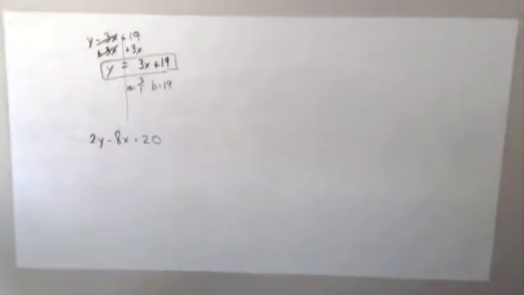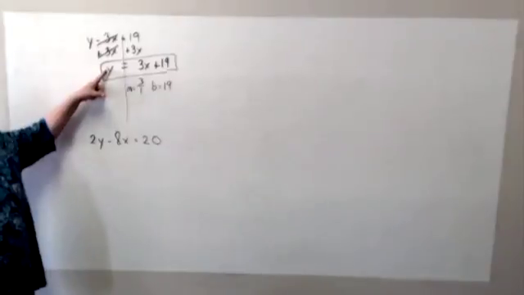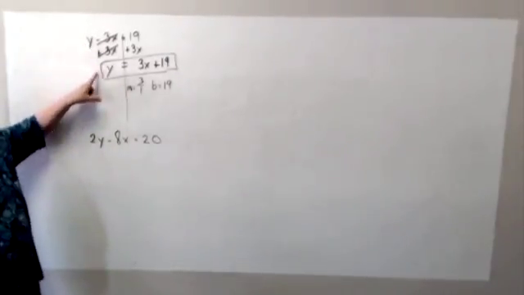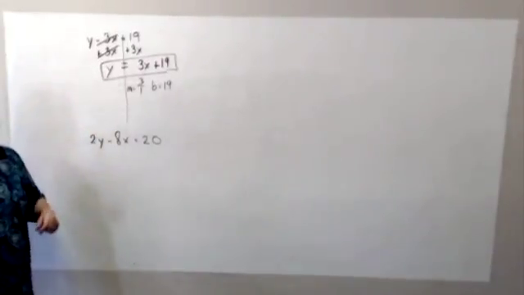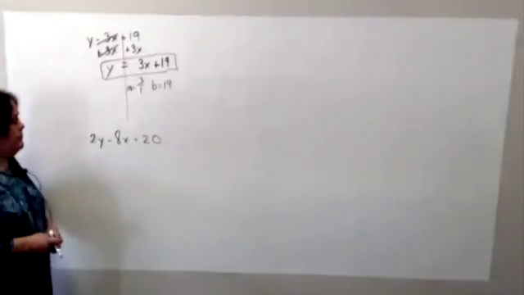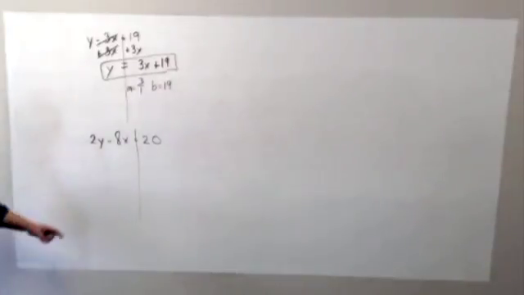I'm just showing you why this is your answer to this question. I'm showing you why we would want to change it to slope-intercept form, because we want to be able to graph it, and we can always graph it from this form. Everybody try number 2, get y alone.